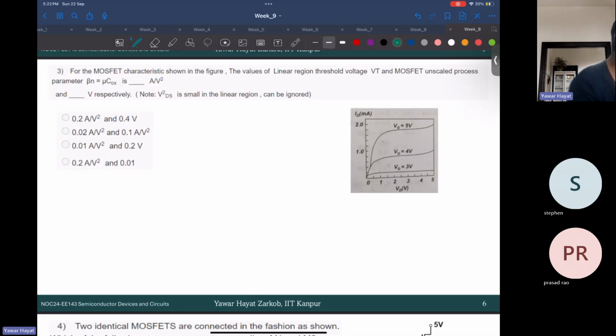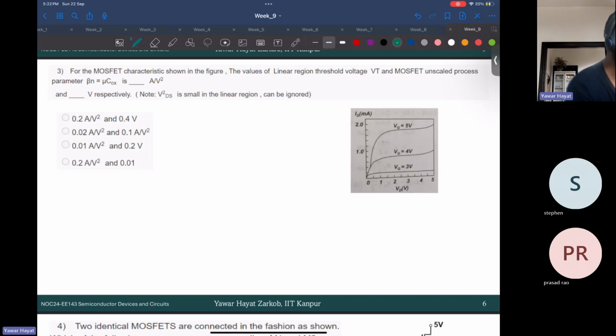So now for the MOSFET characteristic that is shown in the figure, the values of the linear region threshold voltage Vt and the MOSFET unscaled process parameter beta n, that is equal to mu n Cox, are what? So you need to determine both the Vt and this beta n.